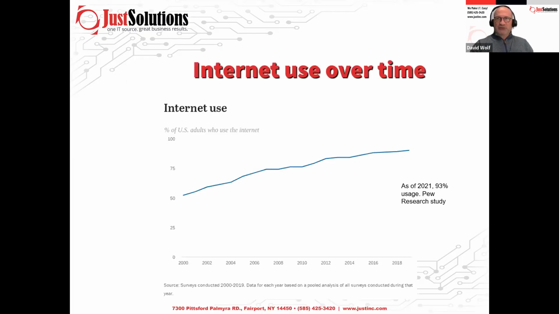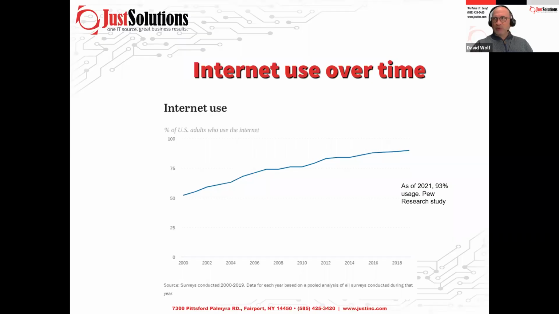So internet use has continually grown. I literally remember in the 90s when I came to customers and we were talking about them getting email. They said, well, why do I want an email address? I don't want to be on the internet. Why do I need a website? I literally had to sell people on the concept of getting an email address, and many people were just using AOL, and they thought of it more as a social thing and a waste of time.